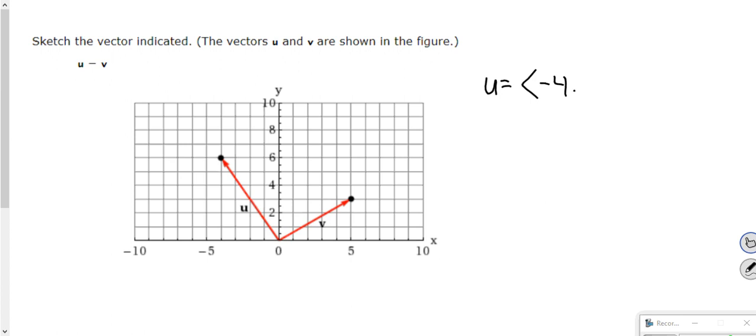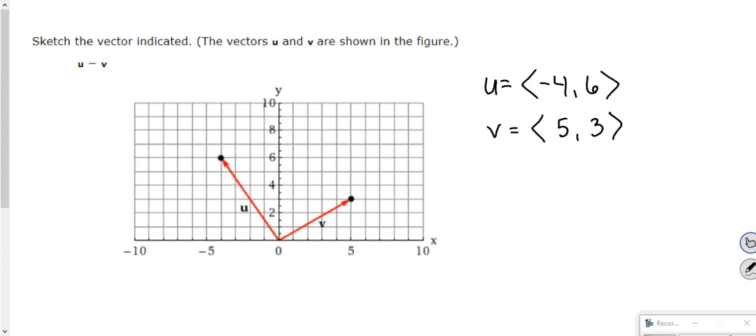So <-4, 6>, that's the component form for u. For v, we're going to the right 5 and up 3. Whoops, I put a parenthesis. It's not a parenthesis. It's actually these little symbols that look like less than or greater than signs, but they're not. You're going to have to pick them out of the vector tab on the right if you need them.